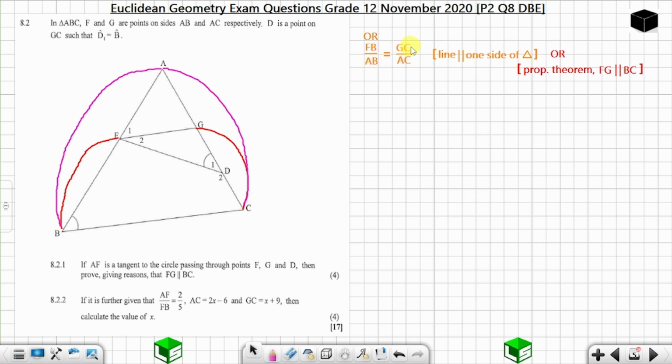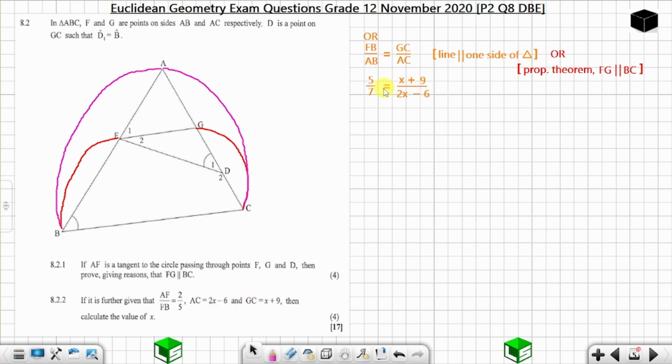And GC is given, AC is given. So FB is 5 over AB 7 equal to GC over AC.